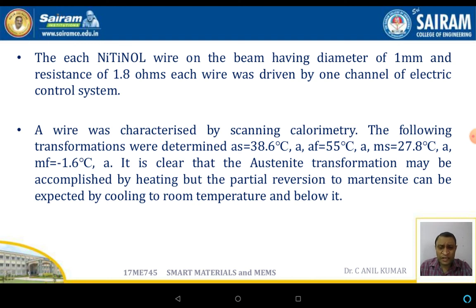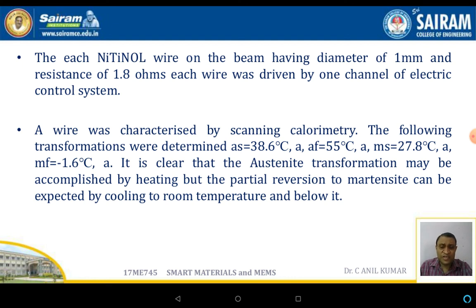A wire was characterized by a scanning calorimeter. The following data were observed, and the austenite start temperature, austenite finish temperature, martensite start temperature and martensite finish temperature were recorded. The austenite start temperature is around 38.6 degrees centigrade.